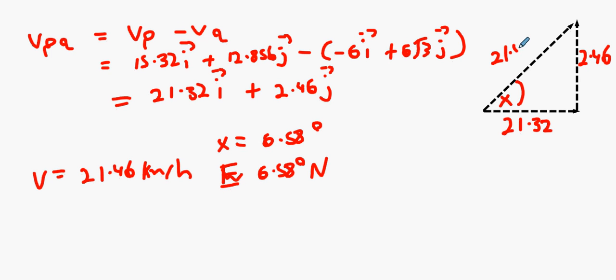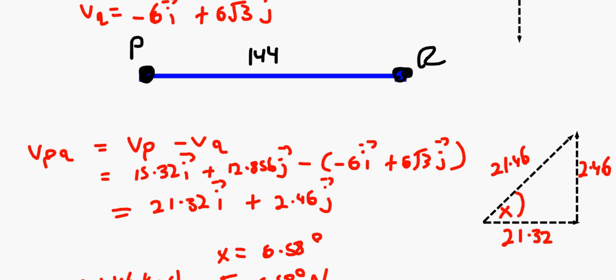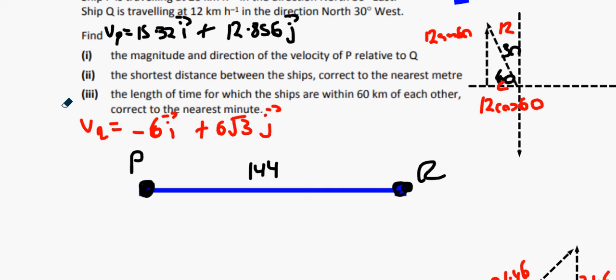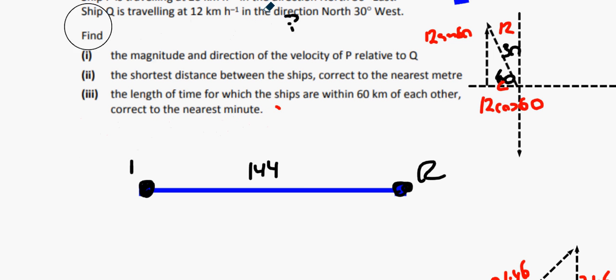Okay, so we've established a lot of good information there. Now we're going to go back to the diagram. I think I only need the information I have now. And here's what we're going to do. Because we did v PQ, this means that Q is stuck to the spot. Okay, and we're going to find the shortest distance between the ships.